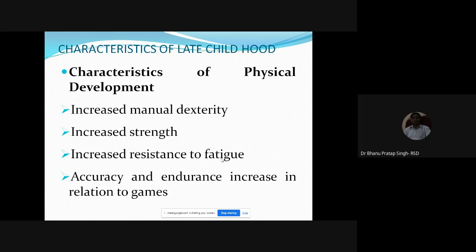Means in late childhood, as far as physical development is concerned, the child becomes more strong. He learns how to resist fatigue. He is also aware of the importance of games for physical development through school environment as well as family environment.